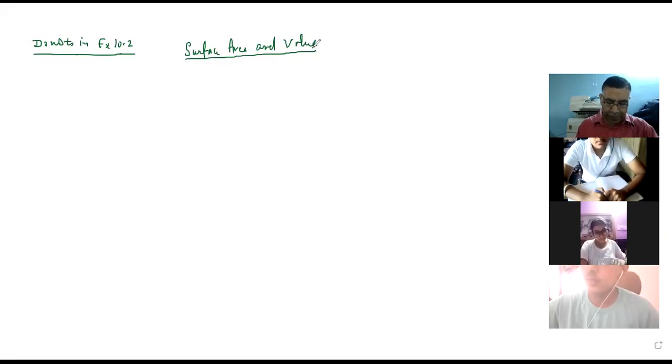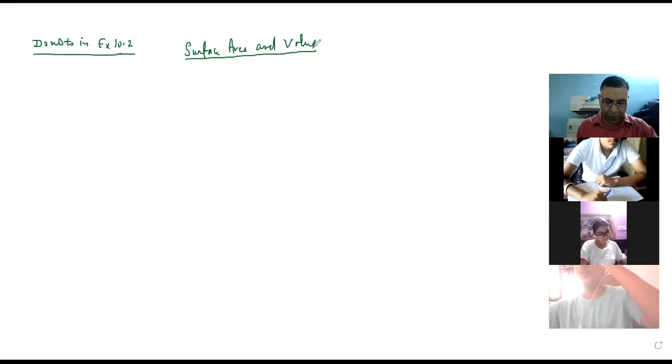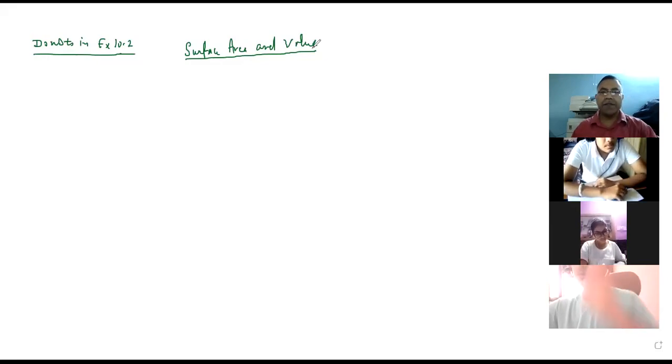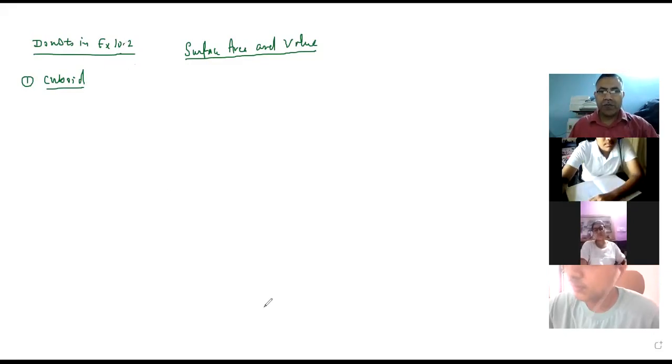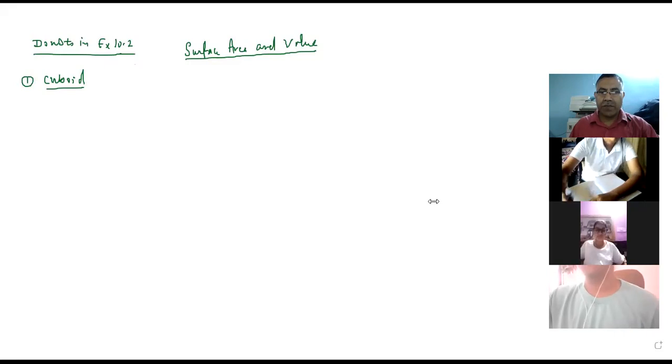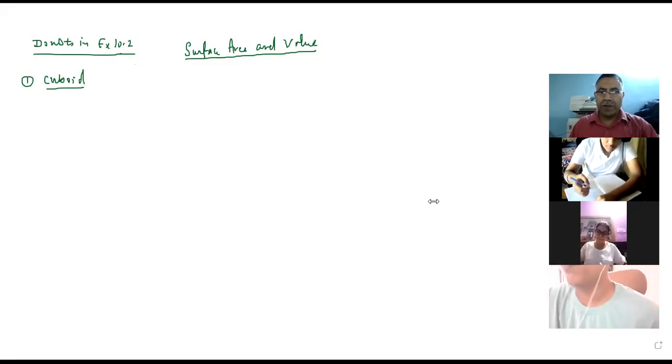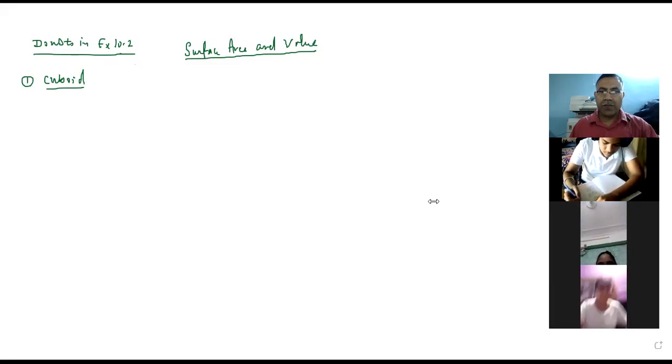Before the start of the chapter, I'm going to discuss with you the formulas which we will discuss here. The first thing is cuboid. Although you have studied it in grade 9 partially, and in the previous classes also. Switch on the cameras, those who have not switched them on.